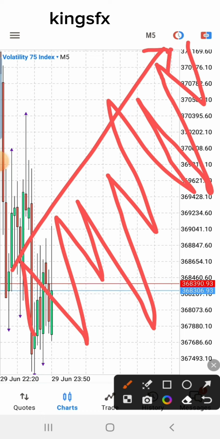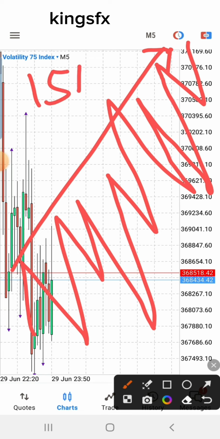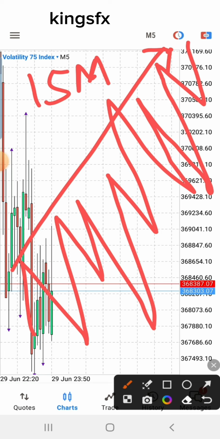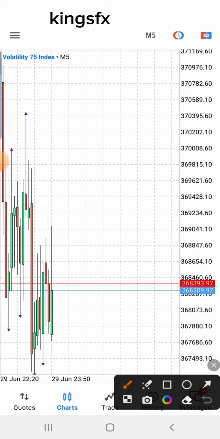But if this is maybe 15 minutes, the worst mistake you are going to make is to start taking whatever strategy you are using. I don't care. If you start taking that trade on this 15 minutes time frame, you are likely going to get a fake out. You are likely going to hit your stop loss, even though the price is going to the upside. That's the question a lot of people ask me: whenever I enter the trade, the price will just hit my stop loss and go my direction.